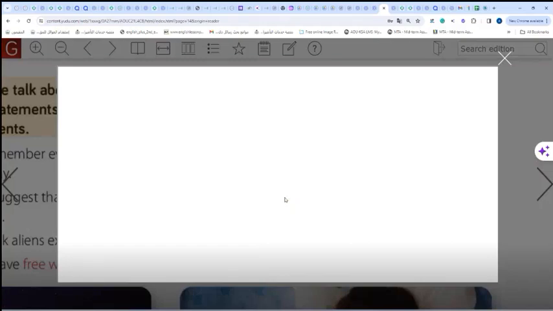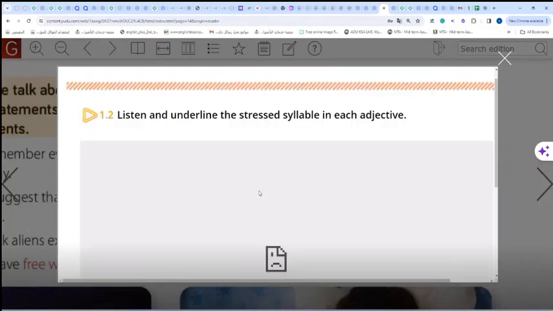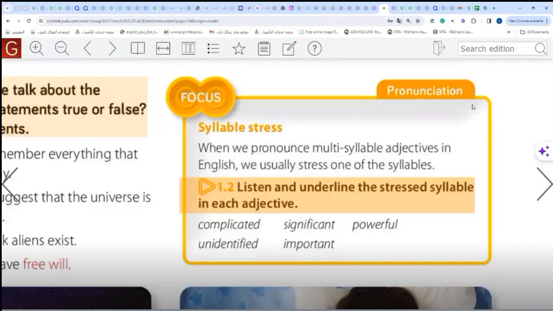So let's listen, dear students. When I say, for example, complicated, what is the stressed syllable? Com. Okay, so the first syllable or the second syllable? First.